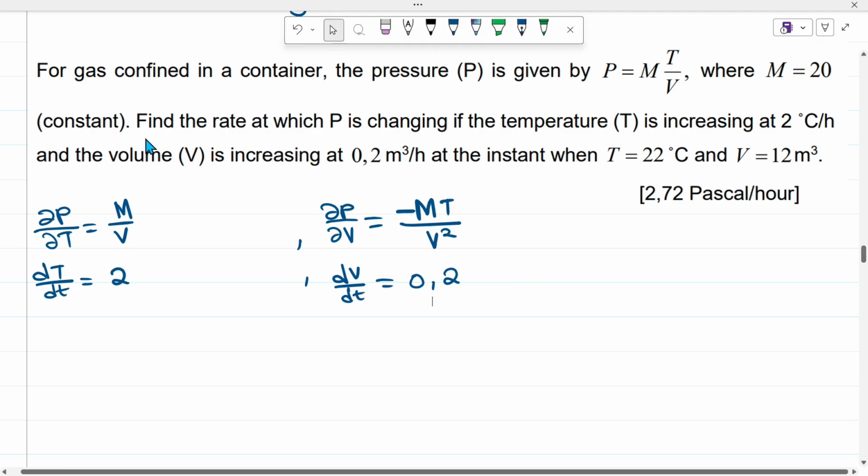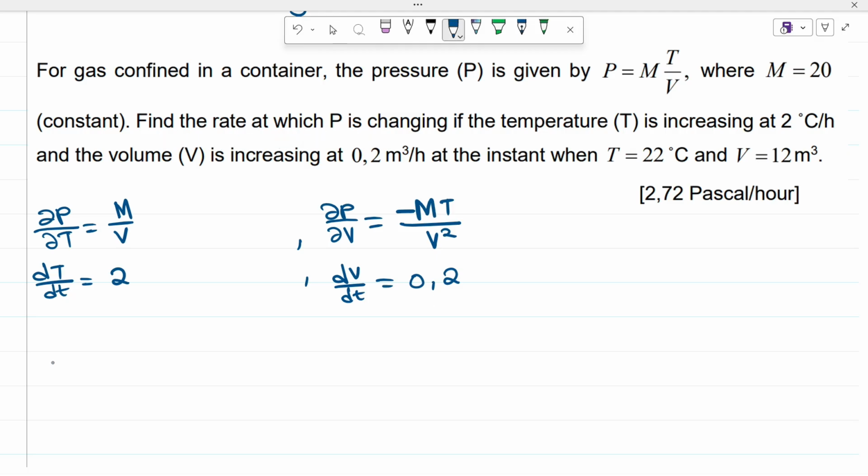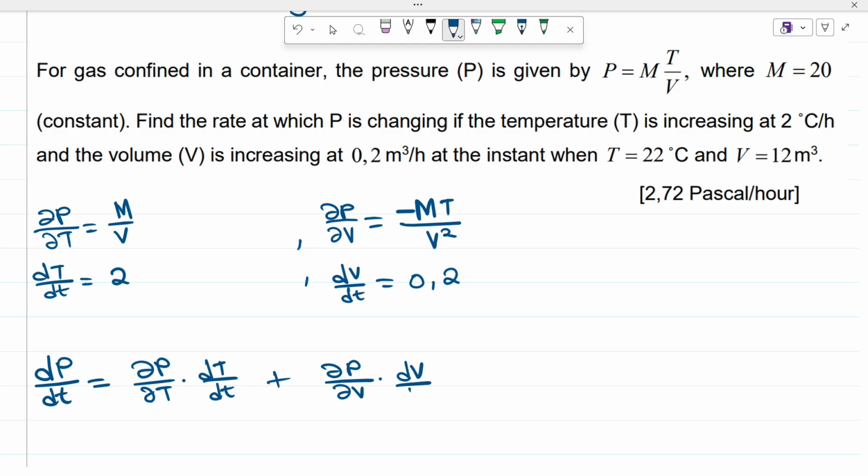Now let's answer the question of finding the rate at which P increases. So we're finding the rate of change of P. dP/dt is equivalent to the partial derivative of P with respect to T multiplied by dT/dt, plus the partial derivative of P with respect to V multiplied by dV/dt.